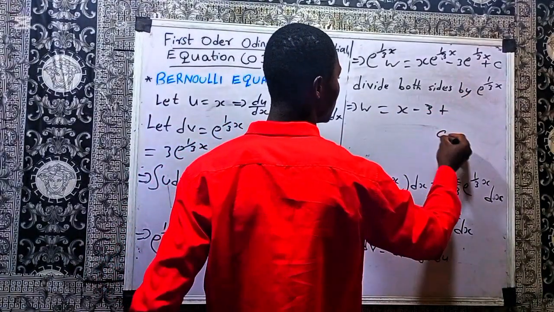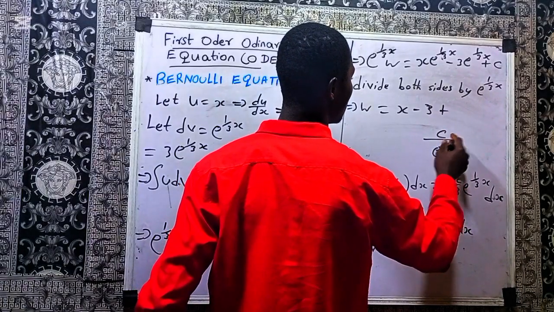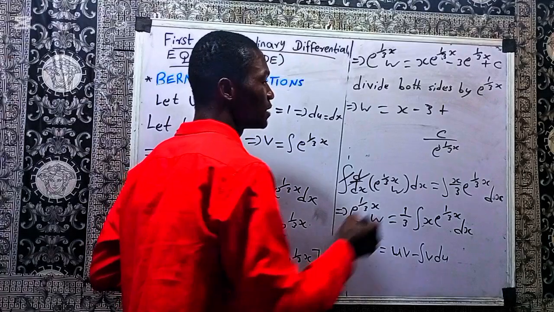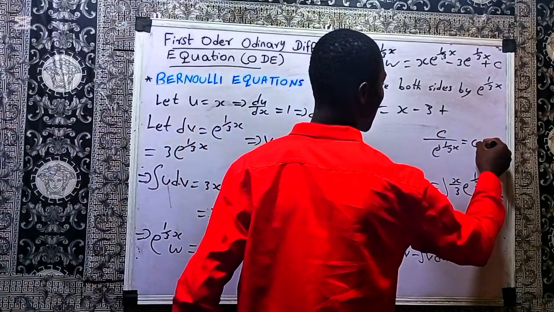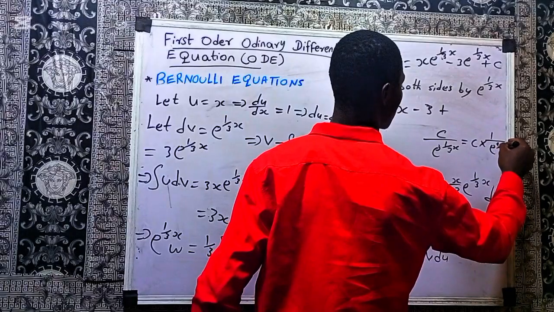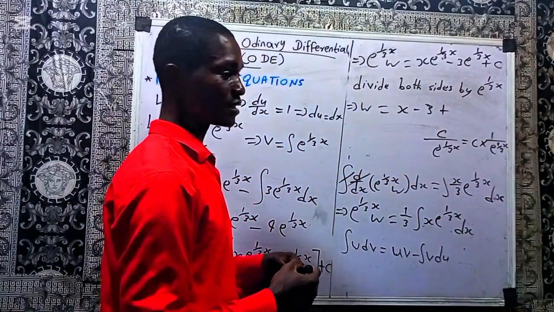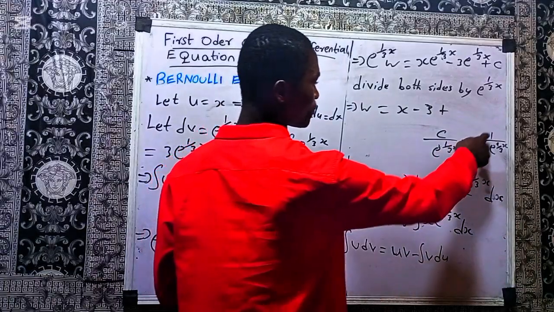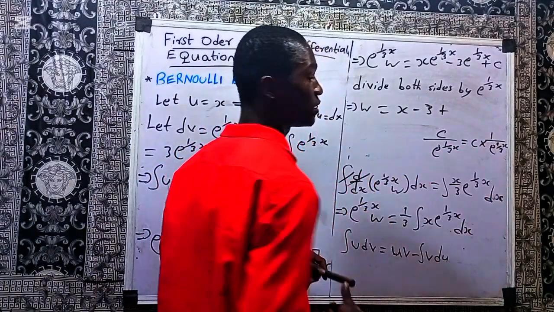So you'll be having c divided by exponential 1 over 3x. But this thing, you can write this as c times 1 over exponential 1 over 3x. Are they the same? Of course, they are the same.